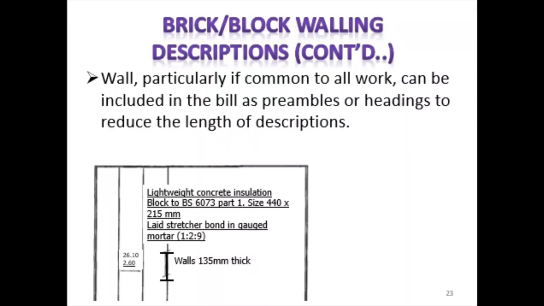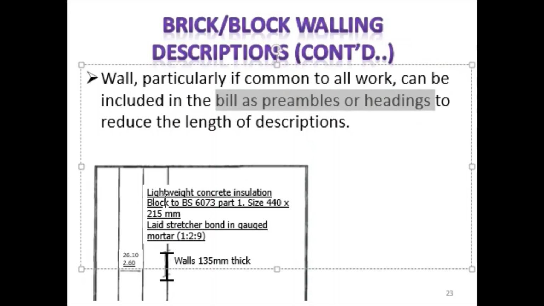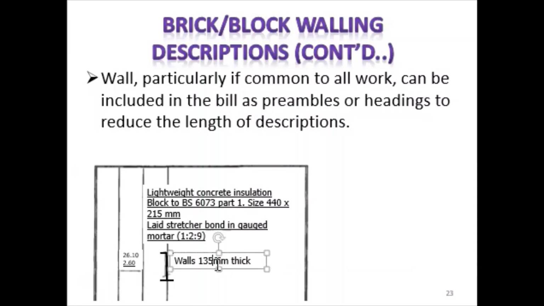So rather than describing each type of wall that has a different thickness, you can make it a preamble or heading. If it's a common lightweight concrete insulation block, with different wall thicknesses but a similar size, you can just state the first thickness of the wall is 135.